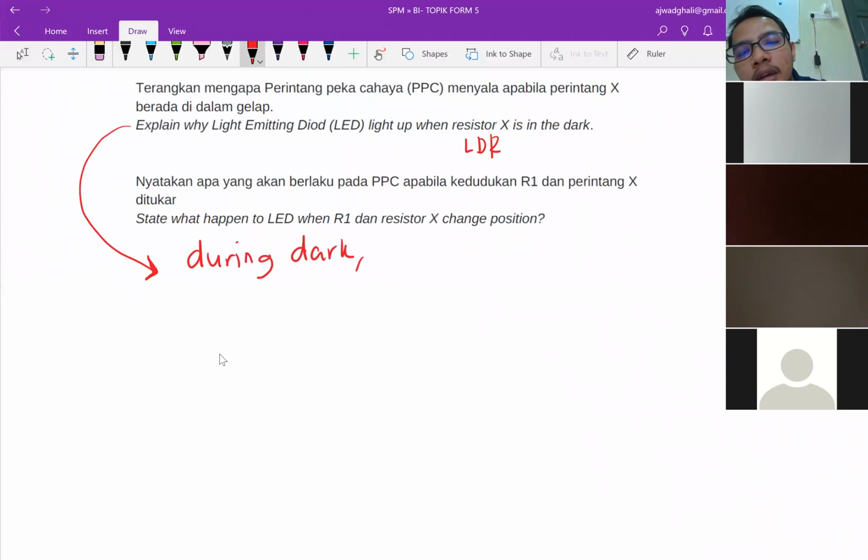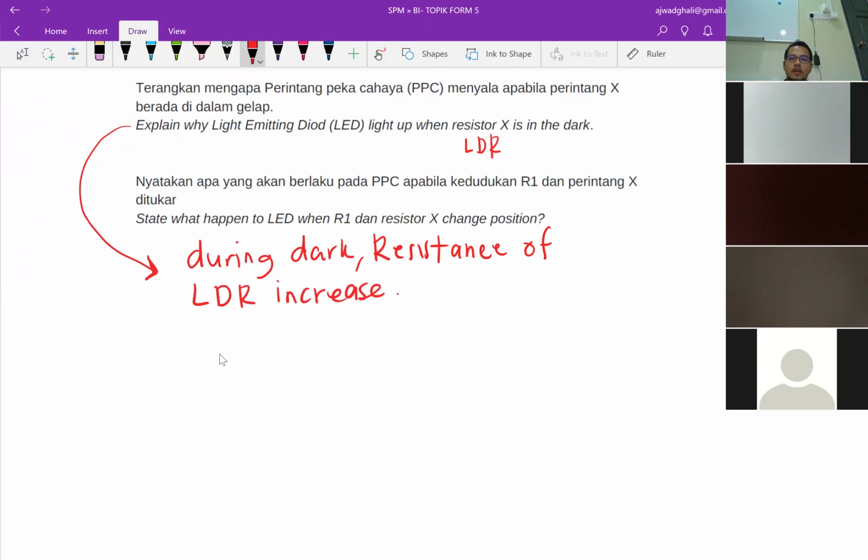The resistance of the LDR increases. So when the resistance in the LDR increases, the voltage across the LDR also increases.